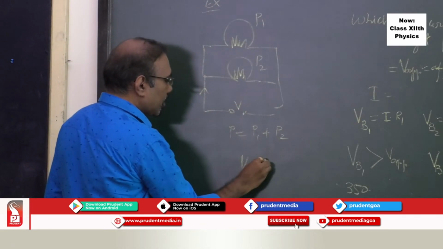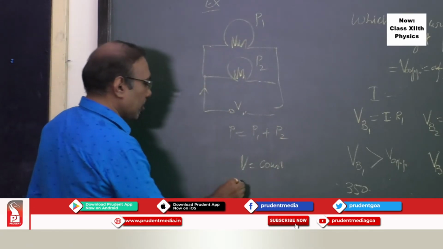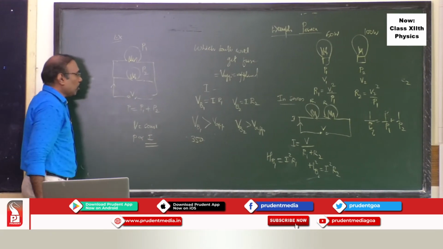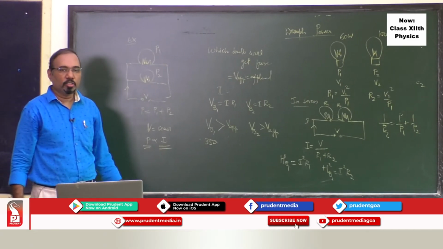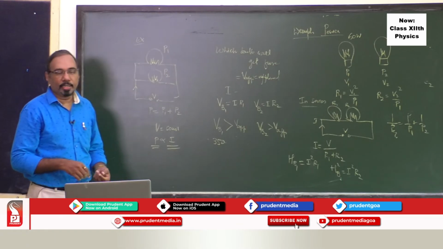If V is constant, in this case parallel connection, V is constant, so power is directly proportional to I. So whichever has a greater power will draw more current. So this type of situations you can solve based on power and other things.